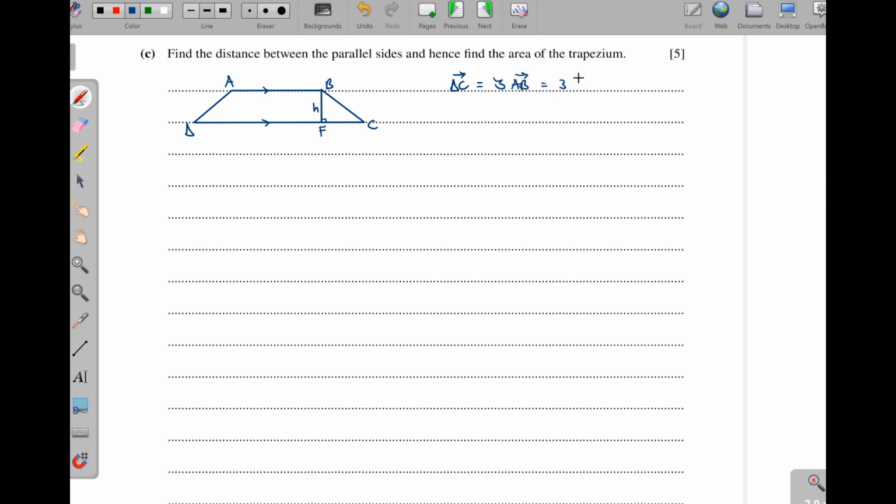So this is 3 times our AB, which is 2, 1, negative 2. That means we are going to get 6, 3, negative 6. And I think we also got it before. Now, that means, based on what we are having here, this BF here is perpendicular to this DC here. Okay?